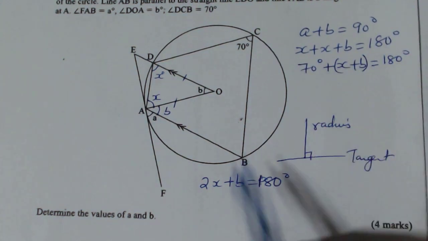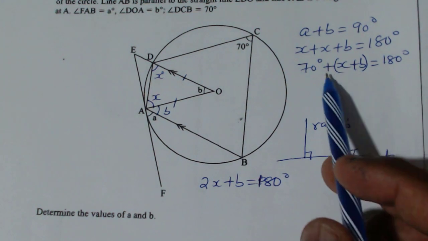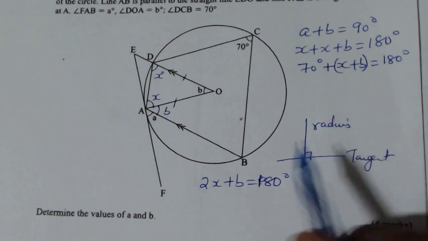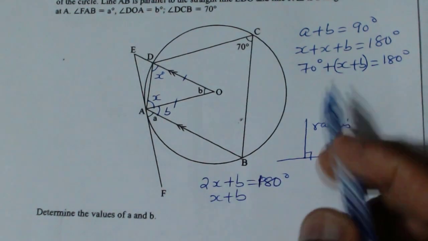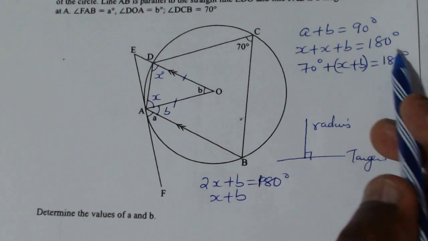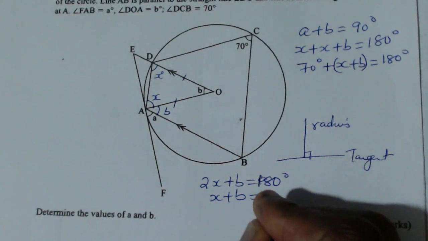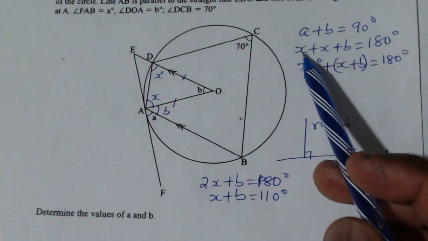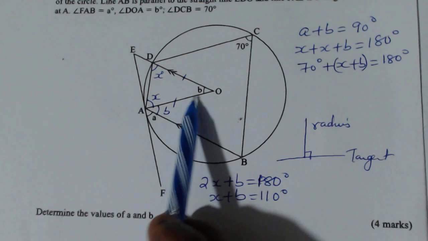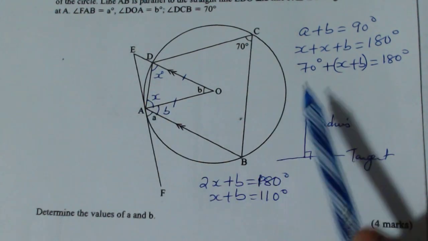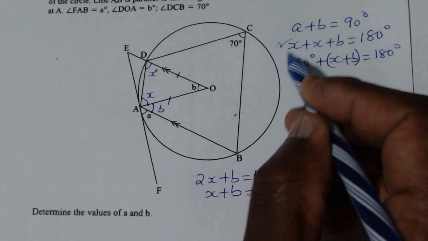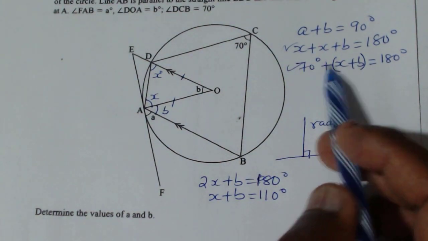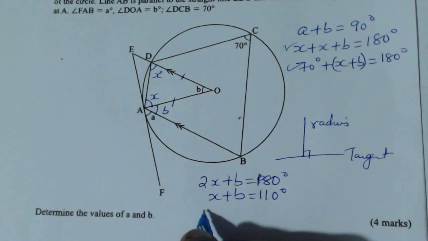Then from the cyclic quadrilateral, if you take 70 to the other side, x plus b is equal to 110 degrees. I got the first from the sum of angles in this triangle here. For the second, I used these opposite angles in a cyclic quadrilateral. So you can see this simultaneous equation.